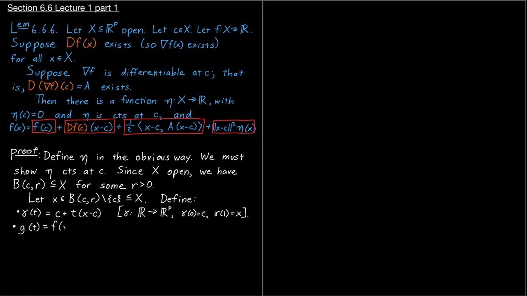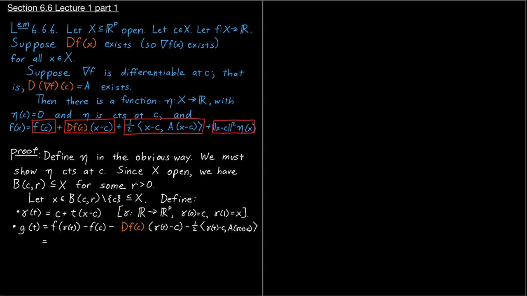So that's F of gamma of t. Then we subtract off all the other stuff: F of C, then df of C of gamma of t minus C. Then we subtract off our 1/2 t squared, then we've got our gamma of t minus C, A of gamma of t minus C.